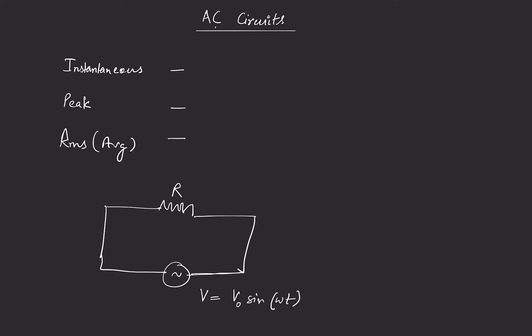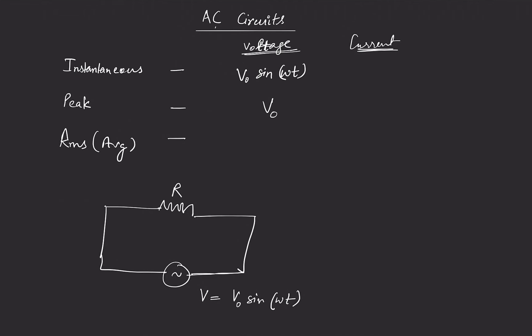Since the maximum value of sine omega t is 1, the peak value for voltage is V naught. Instantaneous value is, at any given time, the value of voltage V naught sine omega t. So we can put different values of t here and get the instantaneous value.